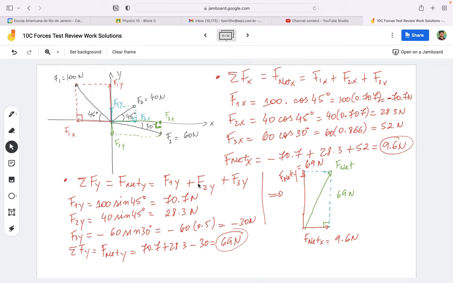Okay, so the net force is going to be calculated by means of using Pythagorean theorem. So this is what we're going to have.